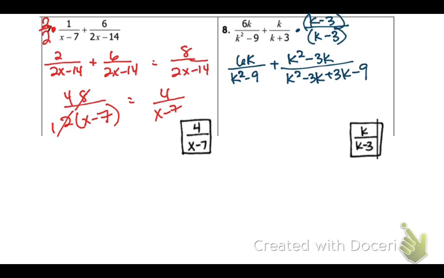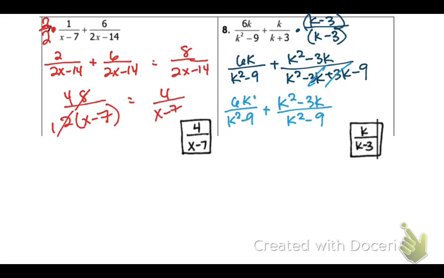Now it doesn't look like what we need, but you're going to combine like terms. This right here cancels out to 0, leaving just k squared minus 9. So I'm going to leave it as 6k over (k squared minus 9) plus (k squared minus 3k) all over (k squared minus 9). So now I have like terms. I'm going to go ahead and combine everything.